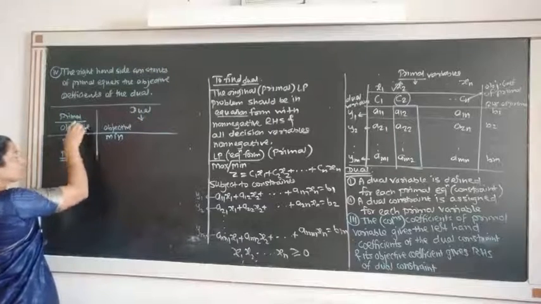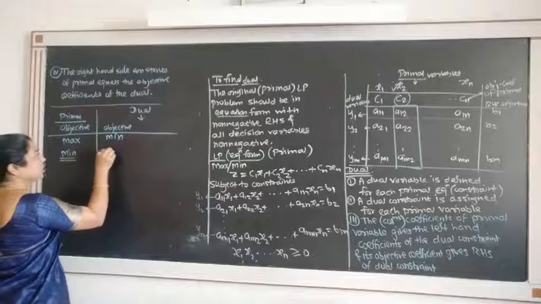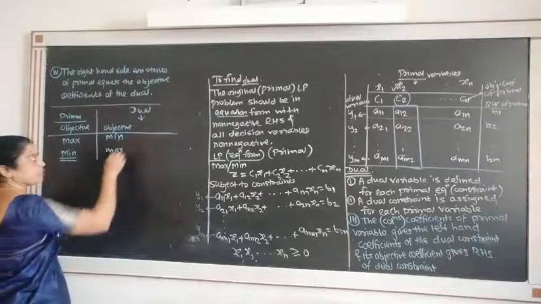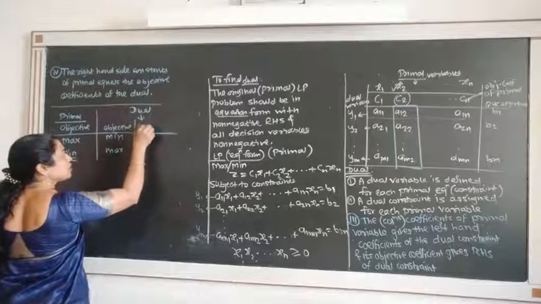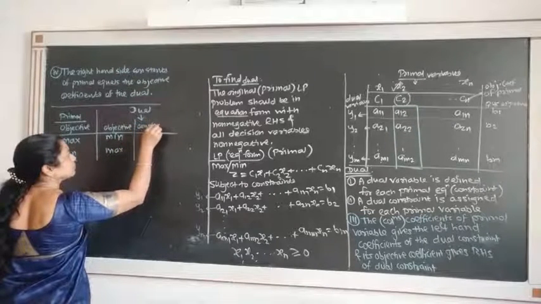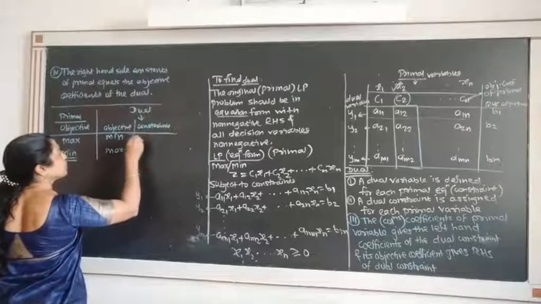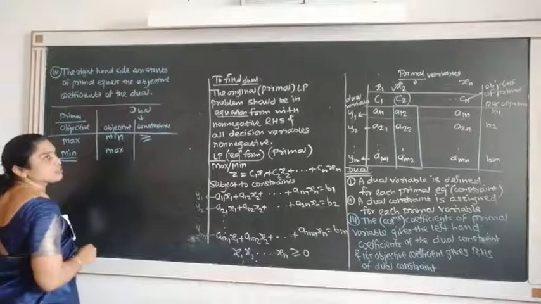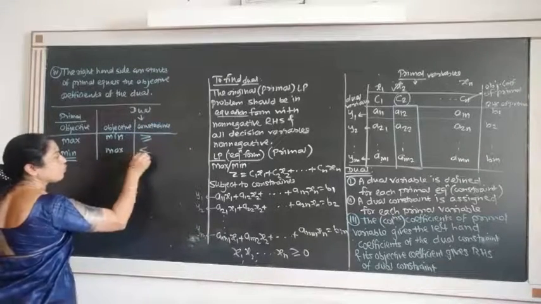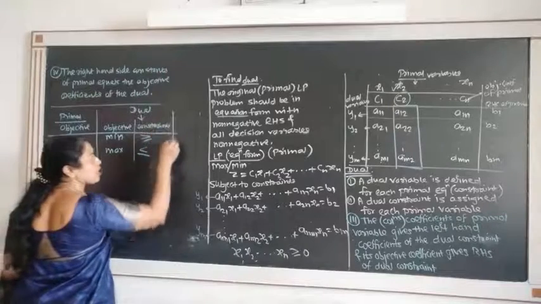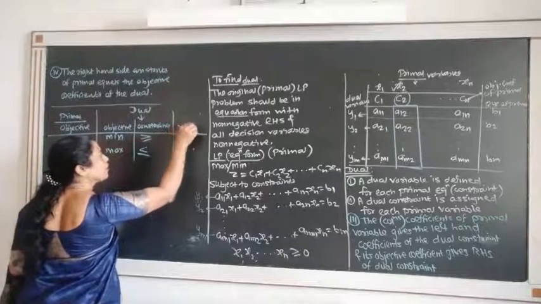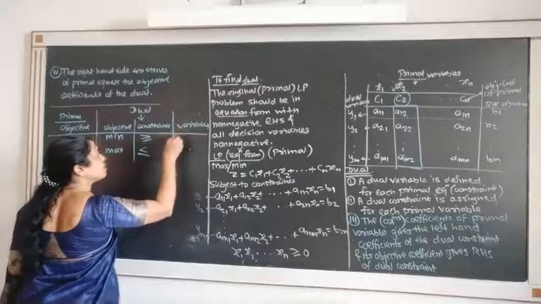If here the objective is minimization, here the objective will be maximization. The constraints are, for minimization the constraints are greater than or equal to, for maximization the constraints are less than or equal to, and the variables are always unrestricted.